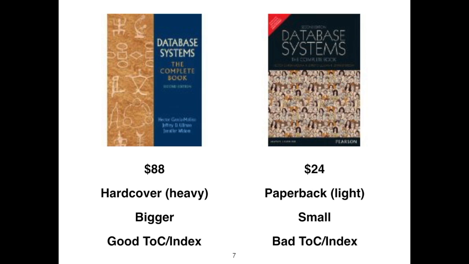So this book has an amazing table of contents. It has an amazing index that has every single term that shows up in the book. The other book has a very, very short table of contents, just a brief summary of each chapter. It has only the most general terms in the index. And you know what?